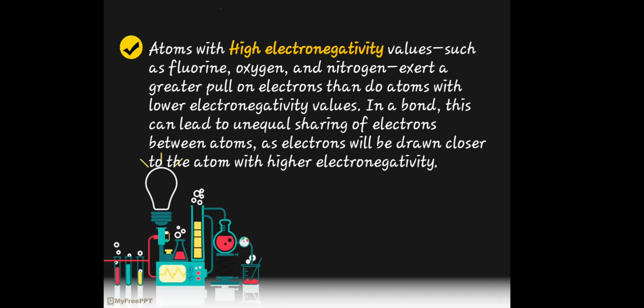So if the element has high electronegativity, meaning to say it can attract the other elements. What are those elements that have high electronegativity? We have fluorine, oxygen, and nitrogen. So this means these elements can attract the different elements of the periodic table.